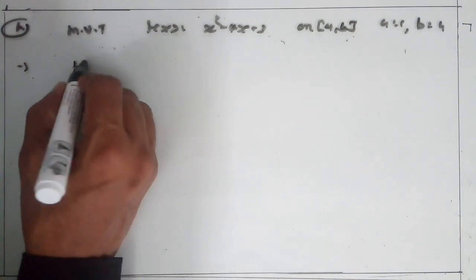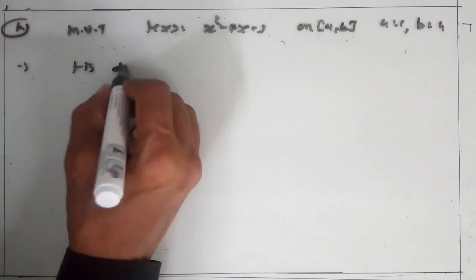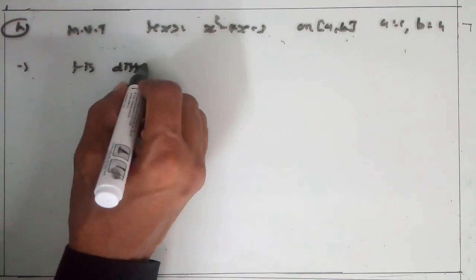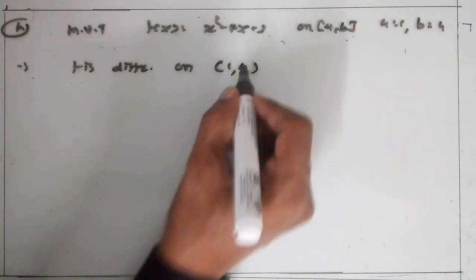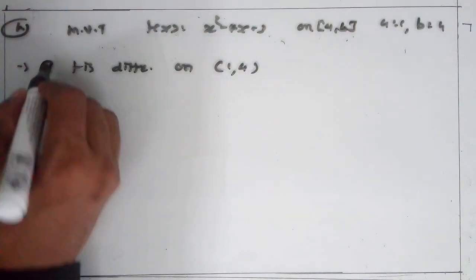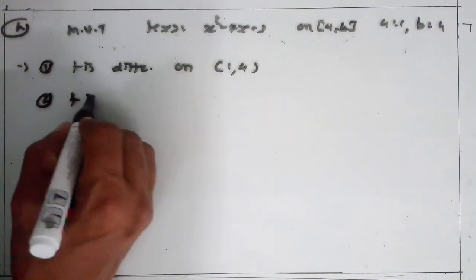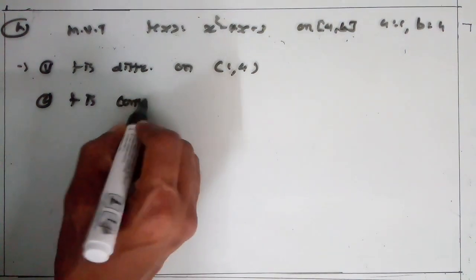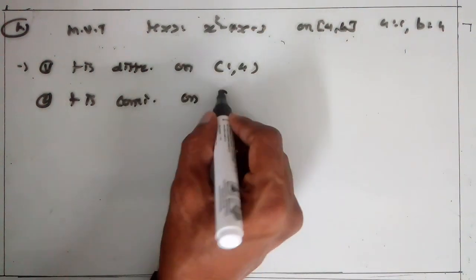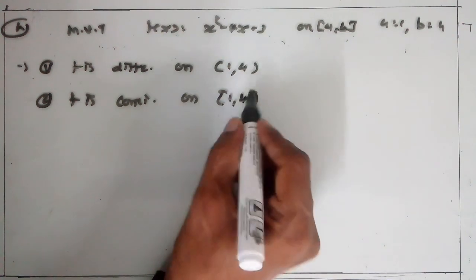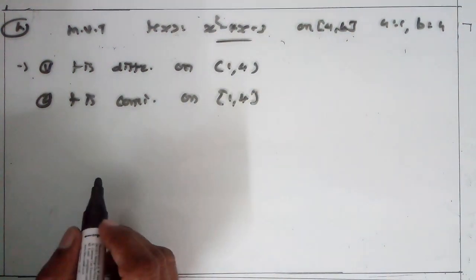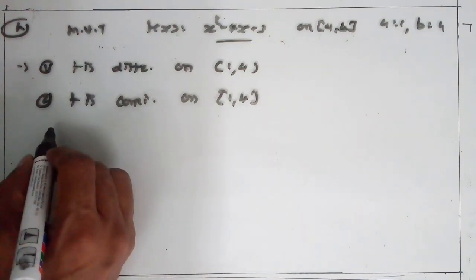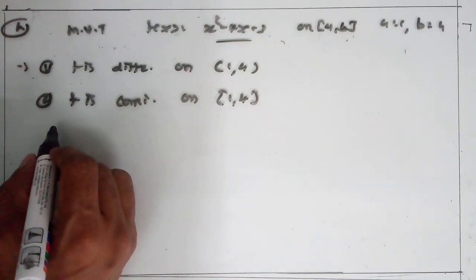First, f is differentiable on the open interval 1 to 4 because this is a polynomial function. Number 2, f is continuous on the closed interval 1 to 4 because this is a polynomial function. Clear? So the mean value theorem is applicable.